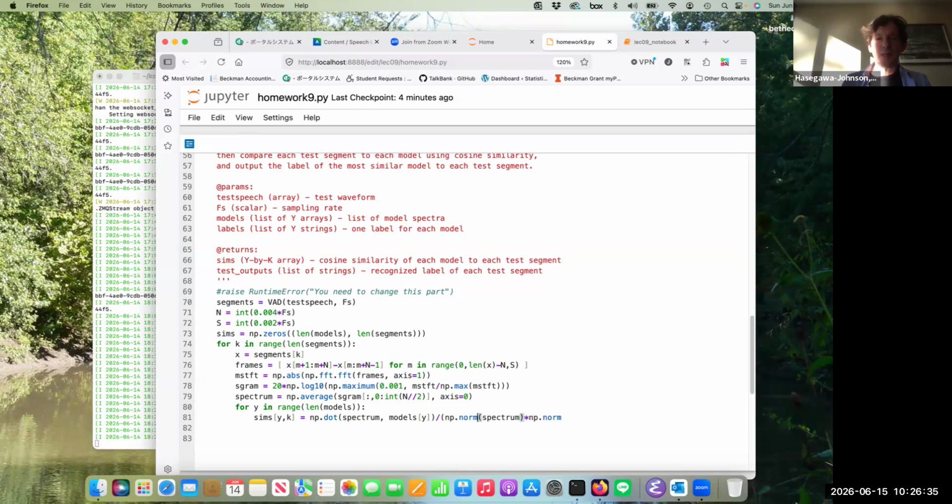This will be linear algebra norm, I think. I think NumPy linear algebra norm computes the length of the vector. If I remember correctly, let's find out. All right.